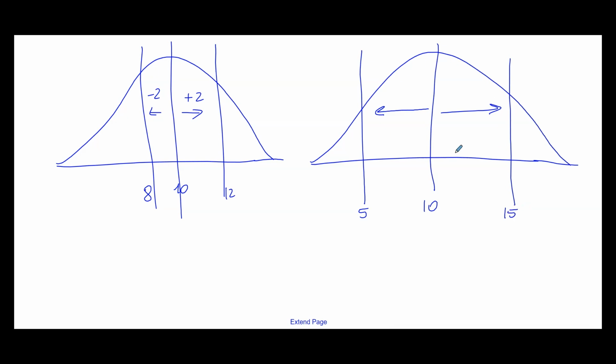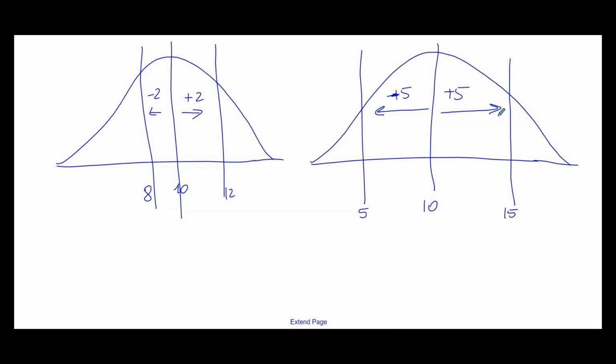Do you see how the data spreads? Here it is very, very close, and here it spreads more. Because here the standard deviation was smaller in value, and here it was bigger, therefore the spread of the data is bigger than it was here. Here it's more concentrated, taller, and here it's more spread out, yeah?